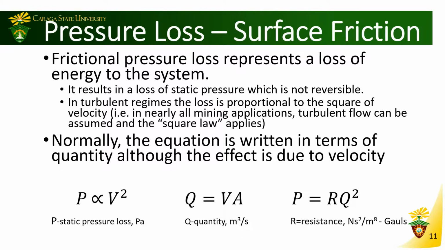So since we know that the relationship is the square of the velocity to the static pressure loss, and we also know that in the equation for quantity is the velocity times the cross-sectional area, then in terms of quantity, the relationship between static pressure loss is equal to the resistance times the square of the quantity.